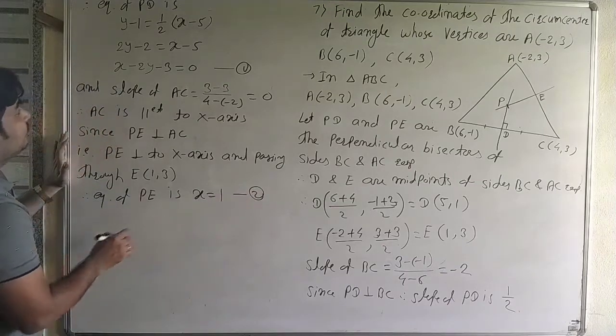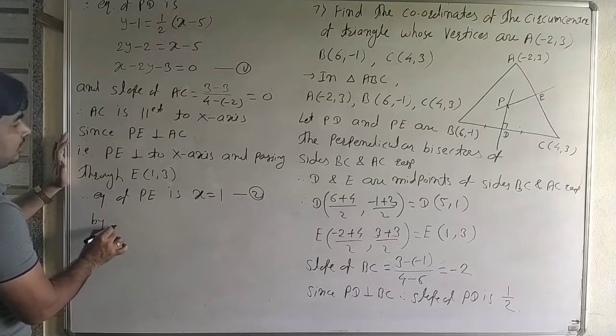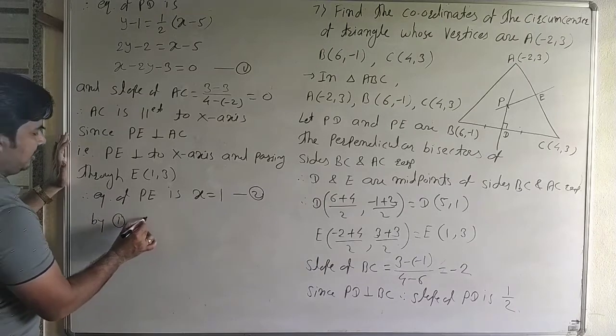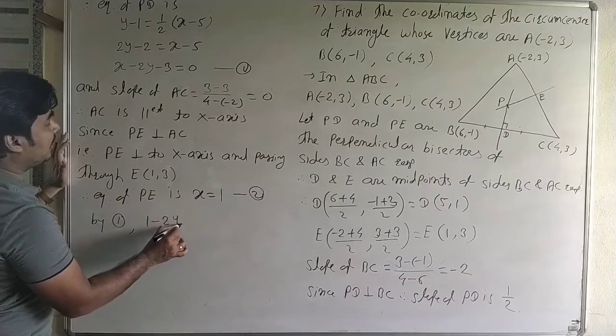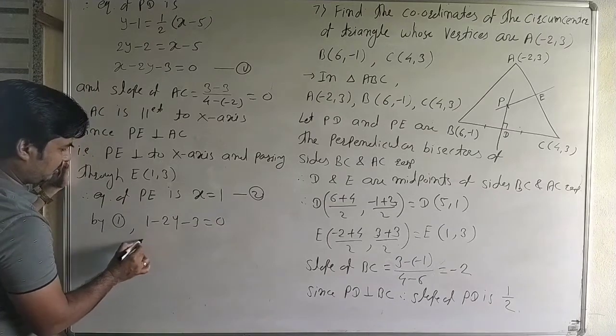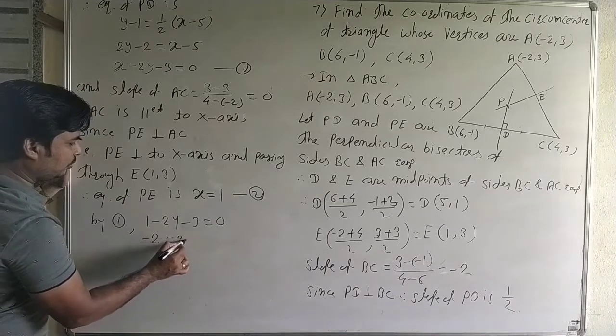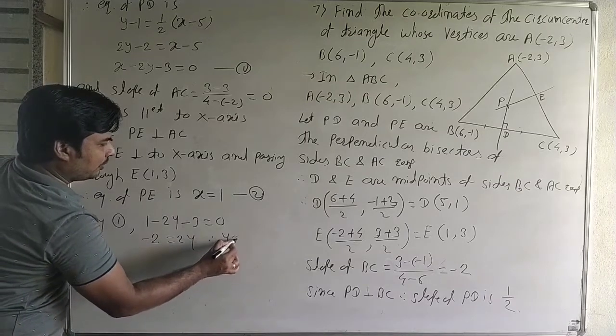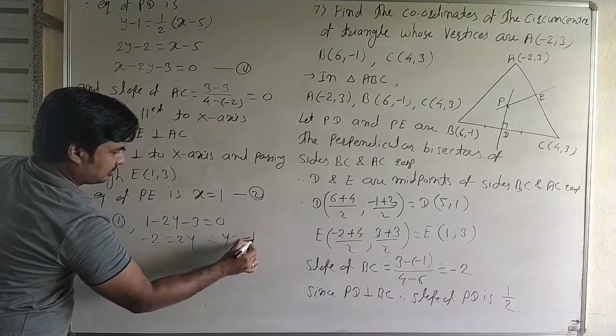Now x is equal to 1, so by equation number 1 we get 1 minus 2y minus 3 is equal to 0. Therefore 2y is equal to minus 2, and y is equal to minus 1.